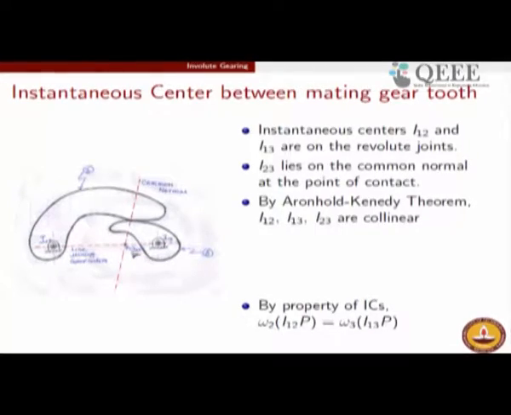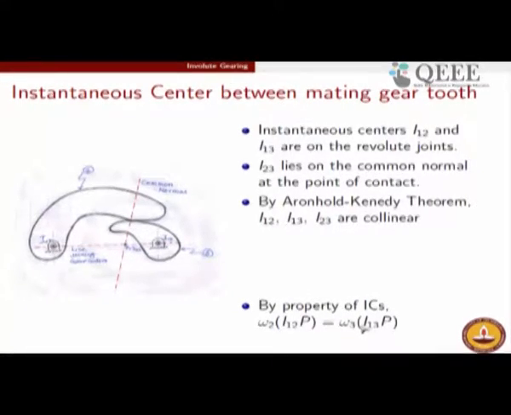Similarly, if I argue that this point P is now embedded on body 3, then the velocity of this point P should be omega 3 times I13P. The distance I13P is precisely this distance, the radius vector about which the body is rotating.